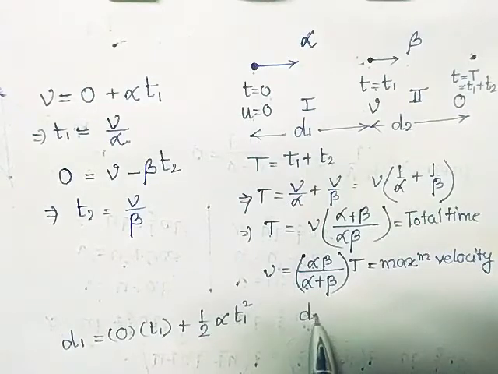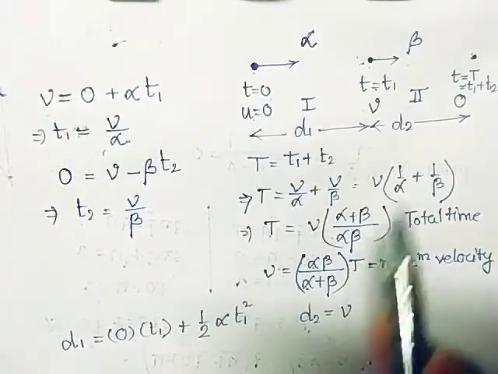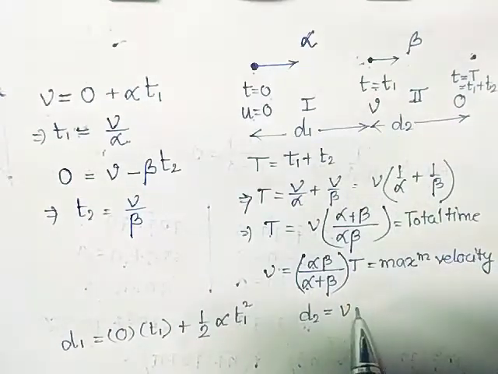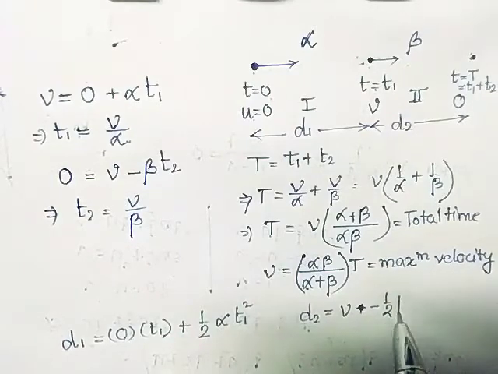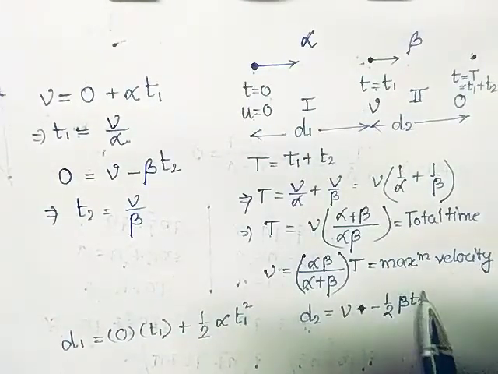And for d2 we'll write the initial velocity at the starting of the second event is v, not plus because there is a retardation, so minus 1 by 2 into the value of retardation into the square of time.